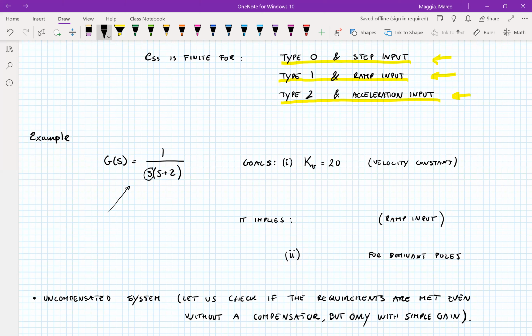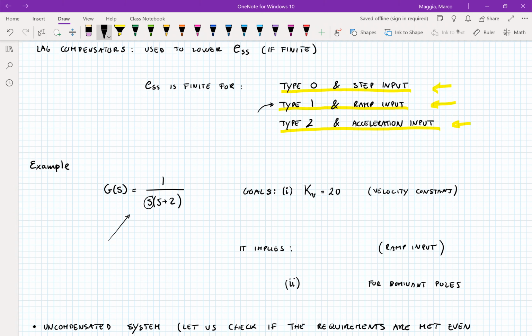Here in the original problem, the nature of the input is not given. However, since we're dealing with a type 1 system, we can go back to our couplings here, and we see that we really must deal with the ramp type of input. Because again, a type 1 system has to be matched with the ramp input in order to create a finite steady state error. So the input is a ramp input, and in the s domain, we know that this is equal to 1 over s squared.